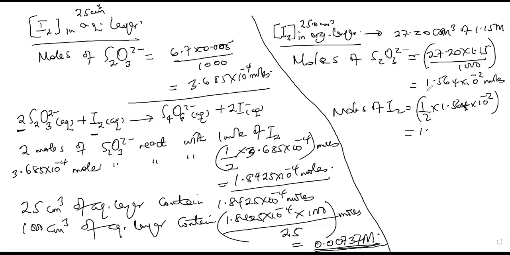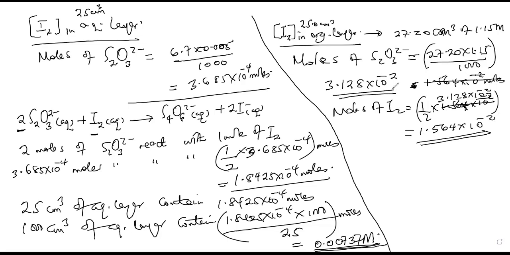I interchanged the answers: moles of thiosulfate are 3.128 times 10 to the power -2, and moles of iodine is 1.564 times 10 to the power -2. So these are moles of iodine in the organic layer.